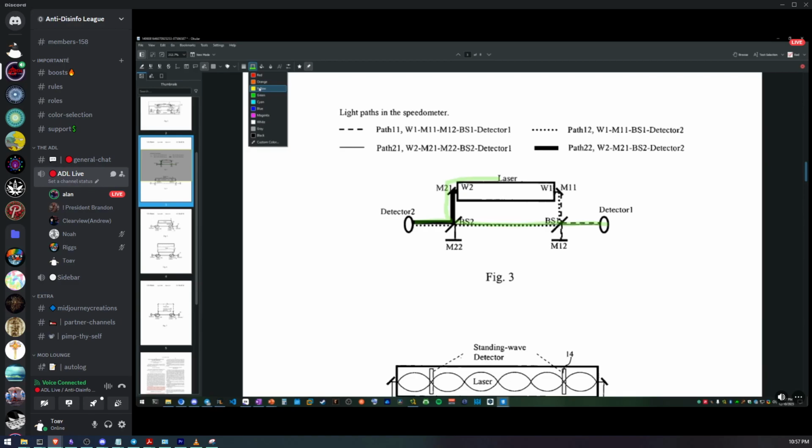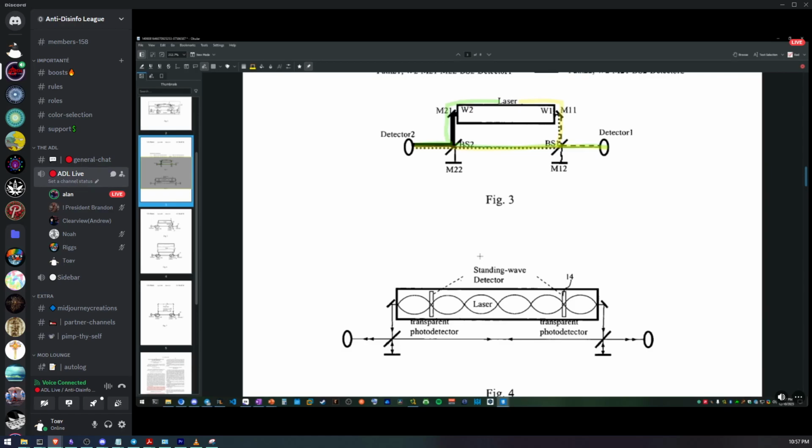Or it's a single beam really, but it's split into like that. So when they get to this detector, the phase difference here between the green and the yellow, the differential between them, gives the translational speed. Does that make sense?